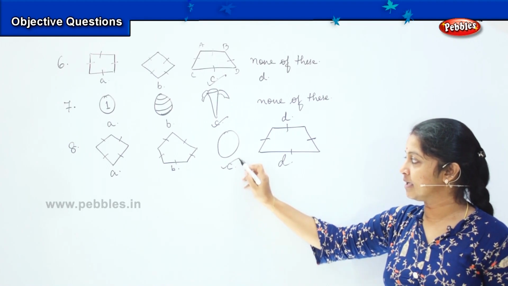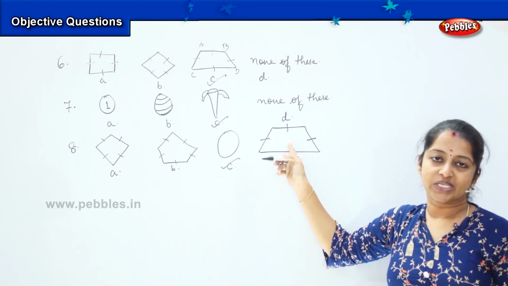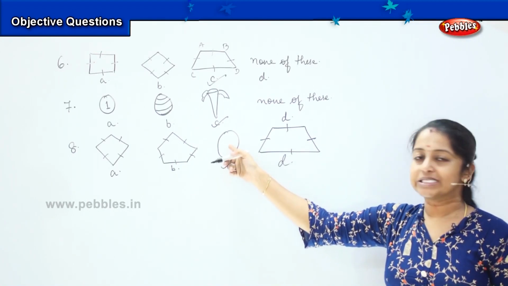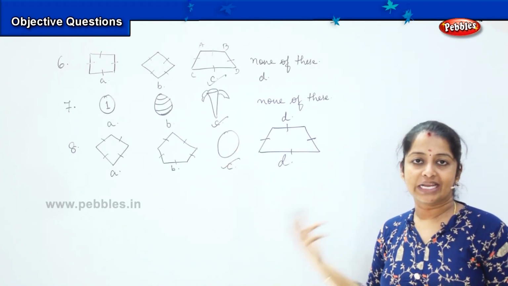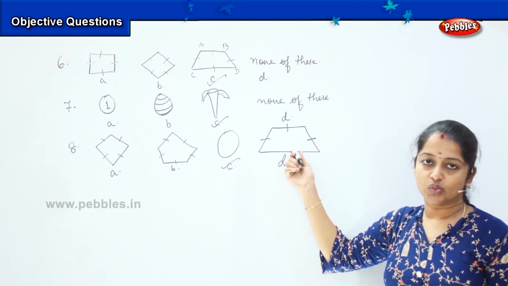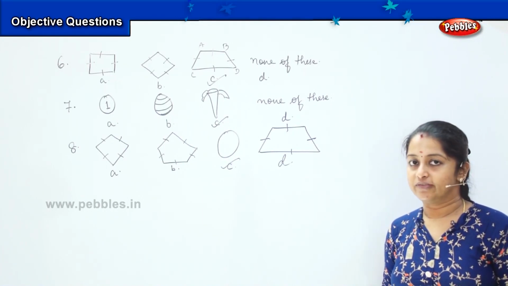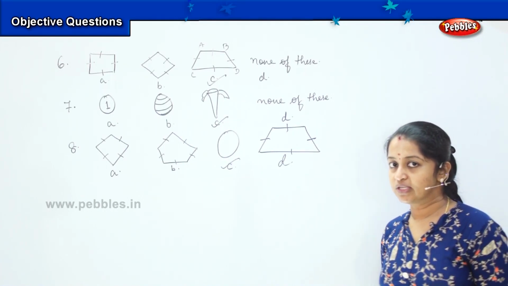Yes, it is a circle, because all the 3 figures are formed using straight lines, whereas in a circle you do not have any straight line involved. So these are examples of straight lines, whereas a circle is an example of a curved line. Shall we move to the next question?